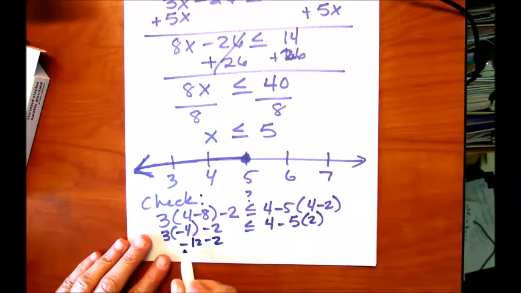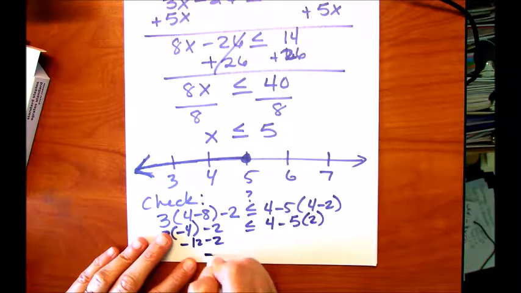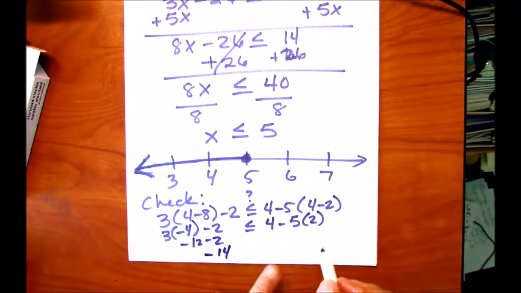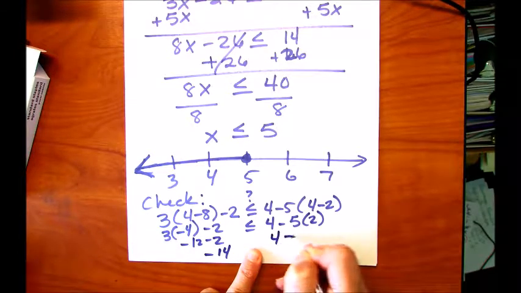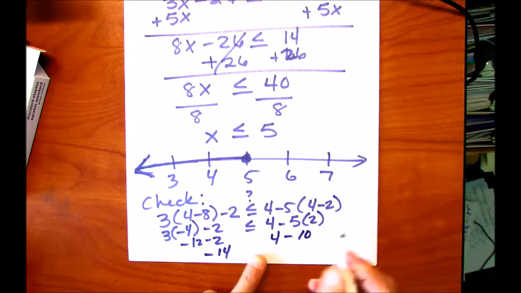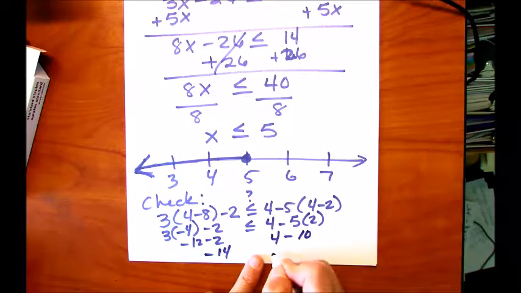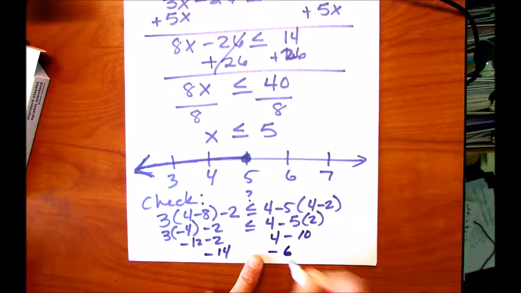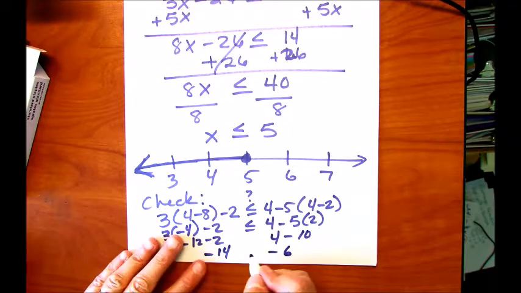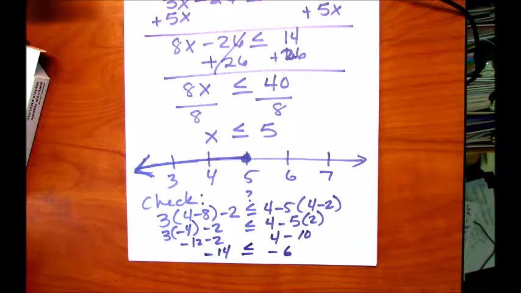That's the same thing as negative 12 plus negative 2, which is negative 14. And we've got 4 minus 10, which is negative 6. So is negative 14 less than or equal to negative 6?